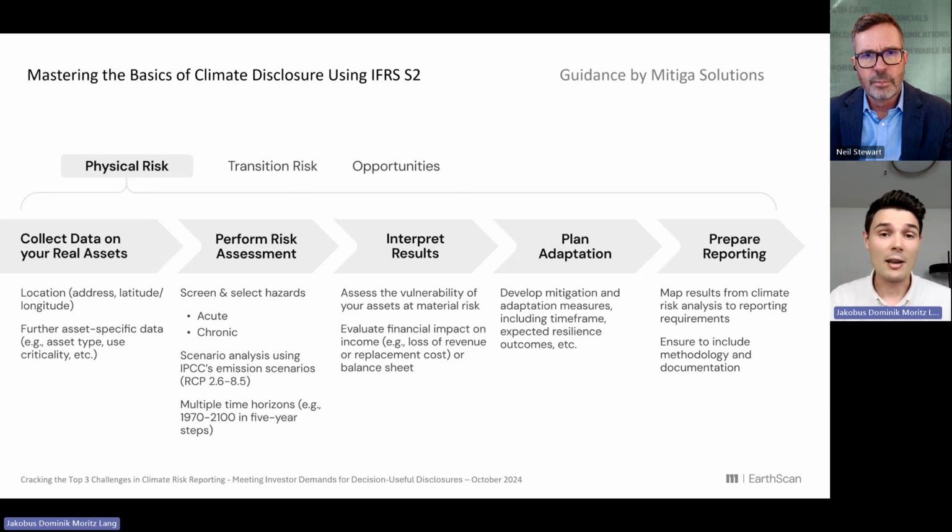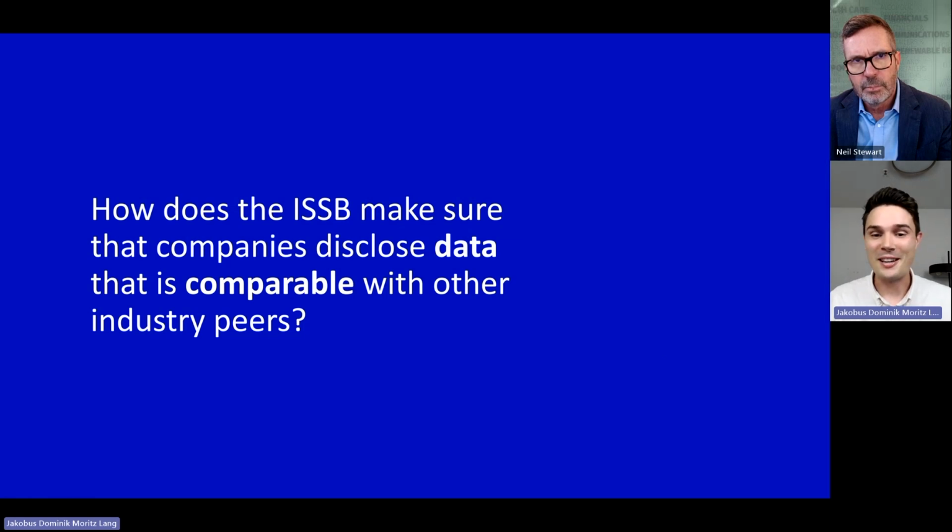So looking at IFRS S2 specifically, it says to perform scenario analysis, but it doesn't prescribe how to do it, for example, or screening hazards, and also the methodology used for financial modeling isn't really prescribed. So the imminent question would be, and I think I've even put it on the slide, how does the ISSB make sure that companies disclose data that is comparable with other industry peers?